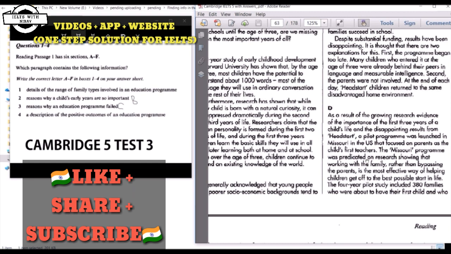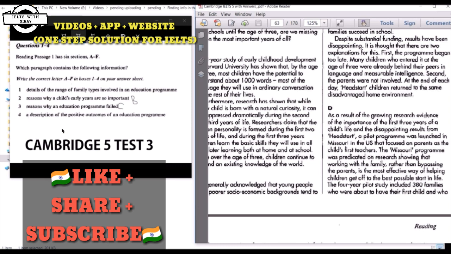The Missouri program was predicated on research showing that working with the family rather than bypassing the parents is the most effective way of helping children get off to the best possible start in life. The 4-year pilot study included 380 families.